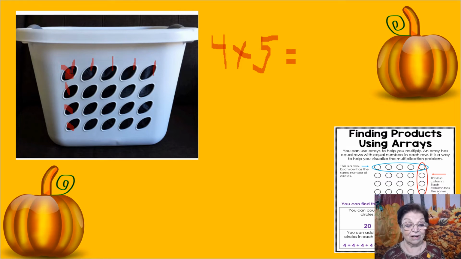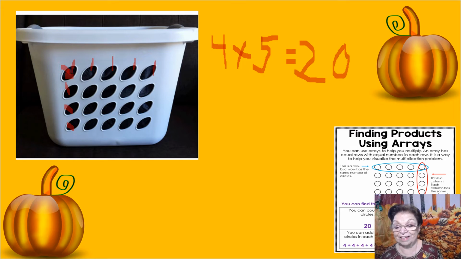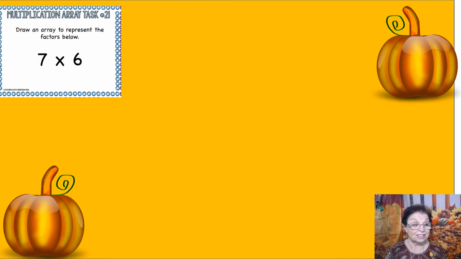You could count all of the little holes, or if you happen to know your fives, you can just think 4 times 5. My bell will ring in 30 seconds. Did you come up with 20? Great job! Boy, it doesn't take long to teach you guys something.